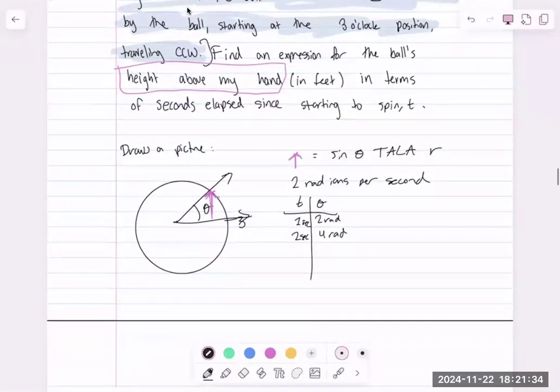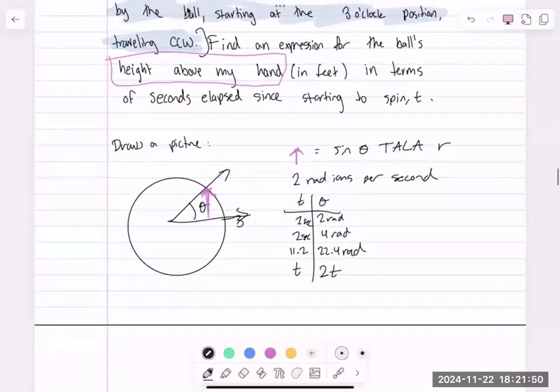What if I put something weird like 11.2? Well, my angle is just going to double, so 22.4 radians. And in general, if I have a value of t over here, it's going to be 2 times t, okay? So in total, my angle is given by 2t, so theta is 2t.